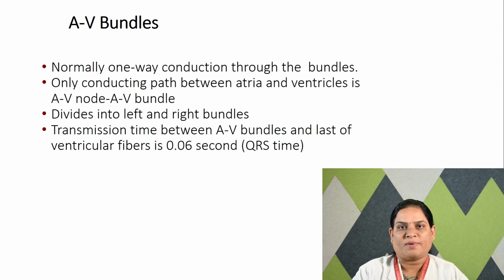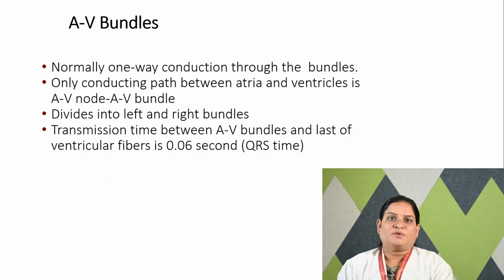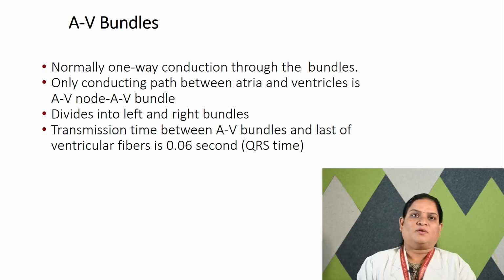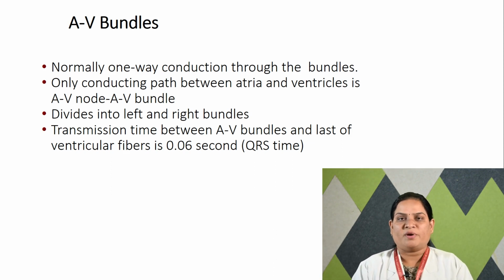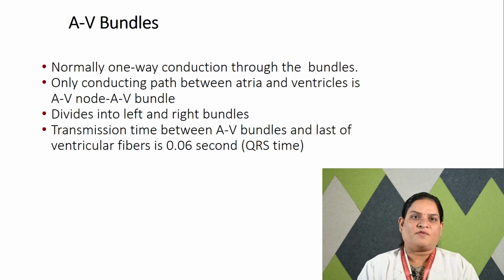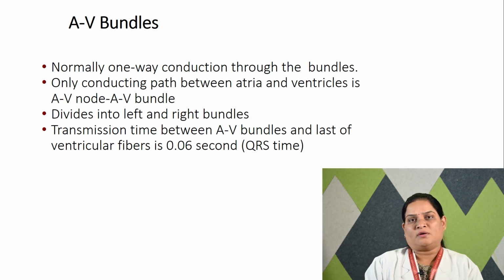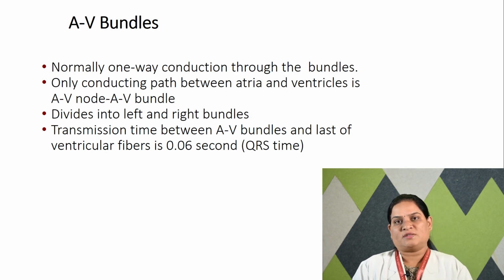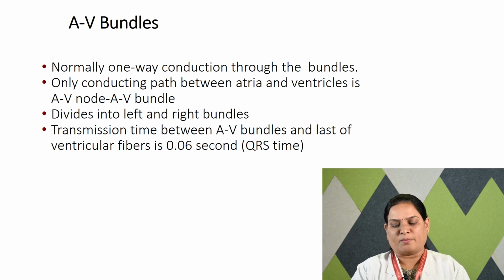The only conducting pathway between atria and ventricles is the AV node and AV bundle. It divides into the left and right bundles, where the transmission time between the atrioventricular bundle and the last of the ventricular fibers is 0.06 seconds. On ECG it shows the QRS time.